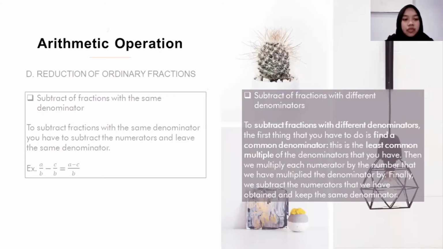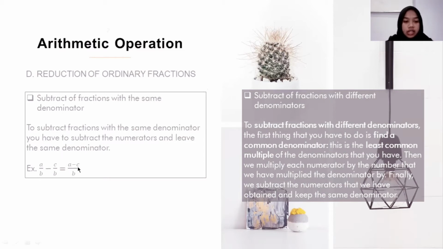For the next, we have reduction of ordinary fractions. For the first, we have subtraction of fractions with the same denominator. To subtract fractions with the same denominator, you have to subtract the numerators and leave the same denominator.